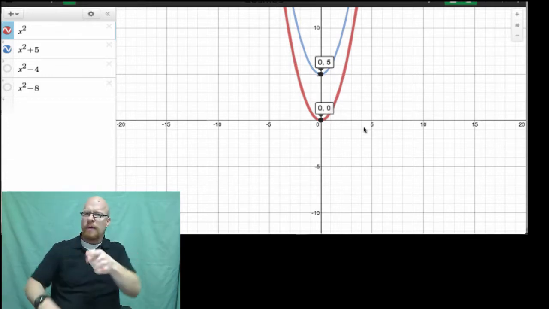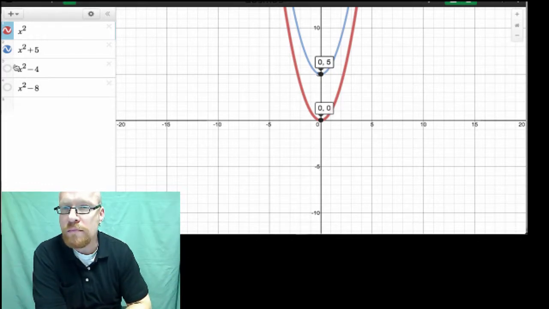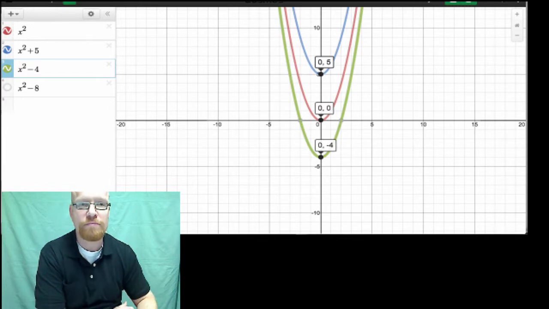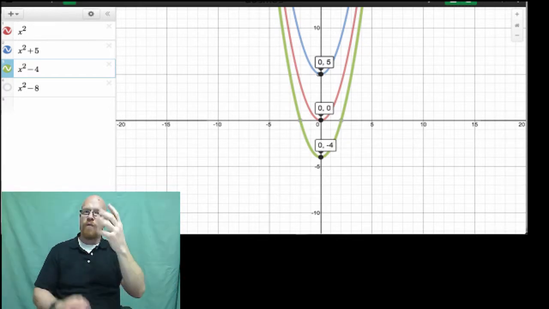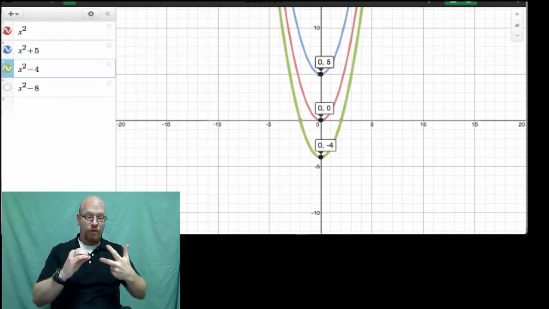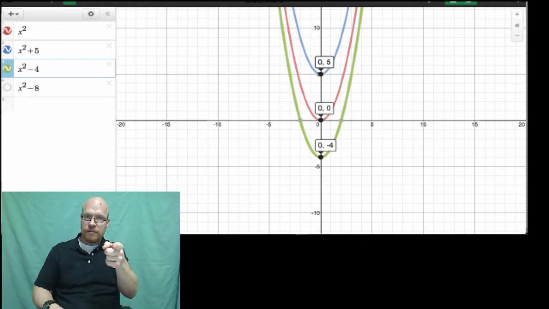Now x squared minus 4. What do you think is going to happen? You should get a sense that it's going to go down from the parent function, down the y-axis. Now it shifted down 4 places, from 0, 0 to 0, -4. And that's our new vertex.